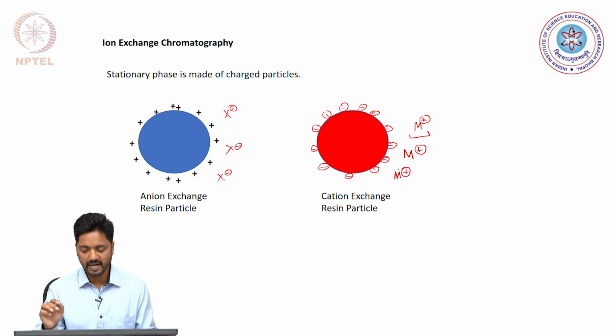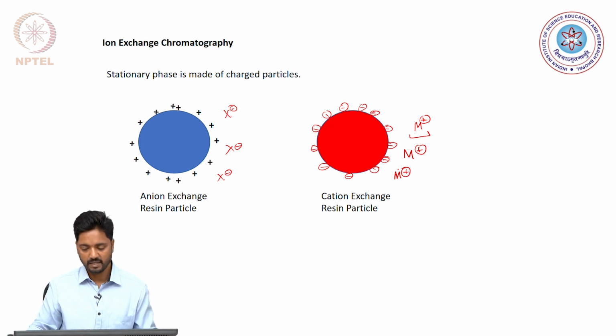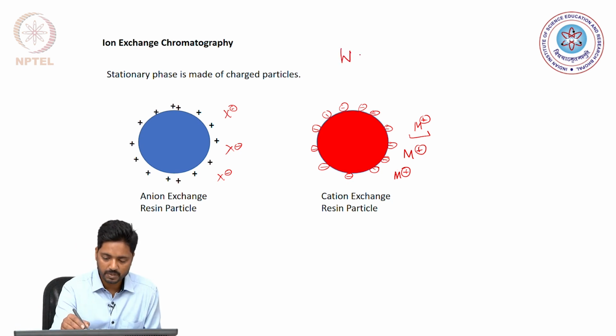So, it is the ions that are exchanged between the analyte and the stationary phase. For example, the ion exchange chromatography is very widely used in water softening purposes.